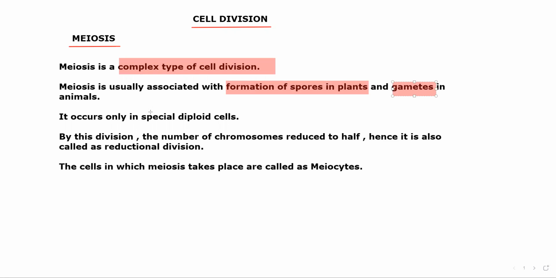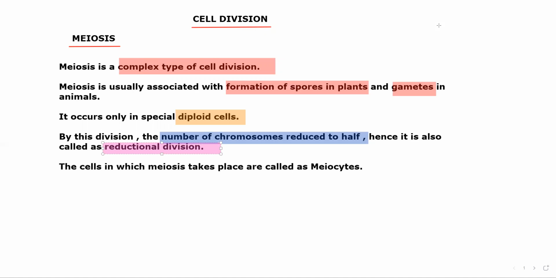It occurs only in special diploid cells, and by this division the number of chromosomes is reduced to half. As the number of chromosomes is reduced to half, meiosis is also called reductional division.